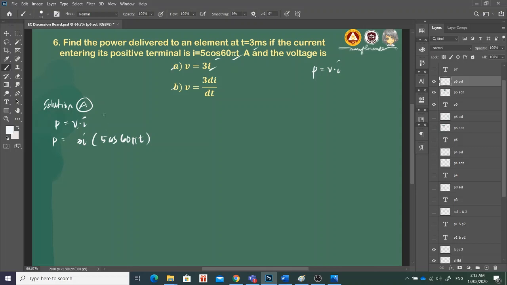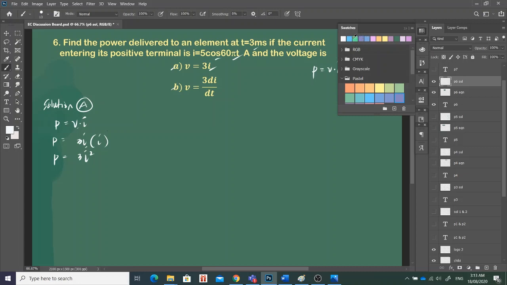Mamaya na tayo mag-substitute ng value ng I. So, P is equal to 3I squared.